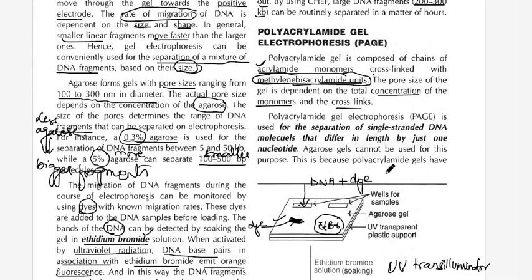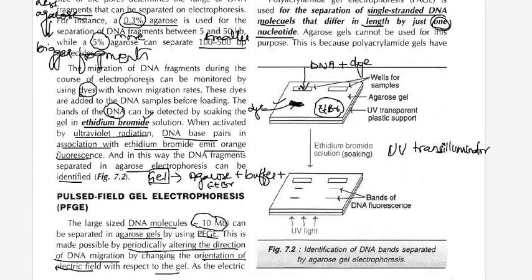This PAGE is used for separation of single-stranded DNA molecules which differ in length by just one nucleotide. Can you imagine how sensitive it is? So agarose cannot be used for this purpose. Why? What speciality does polyacrylamide gel have?